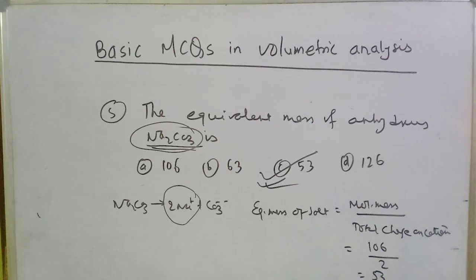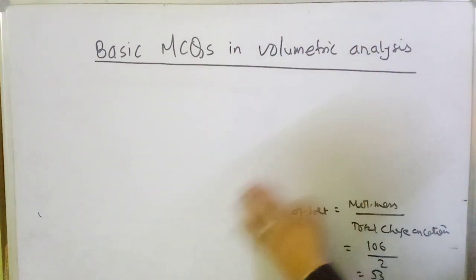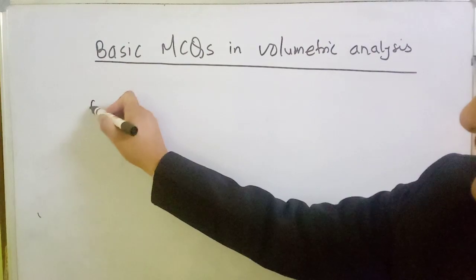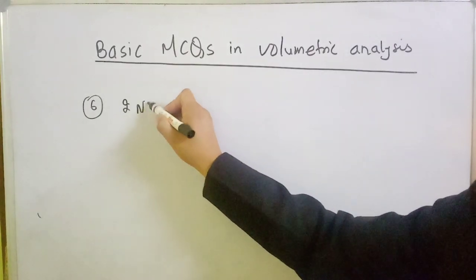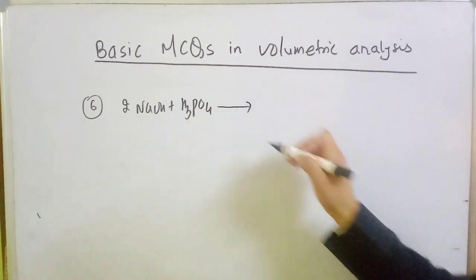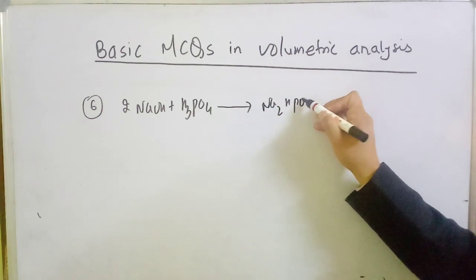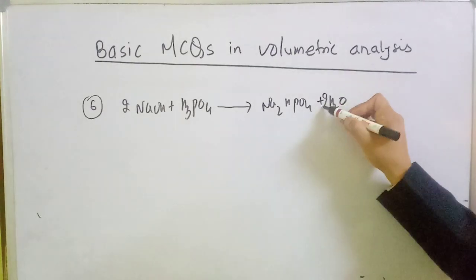Now let's go to number 6, multiple choice questions. In number 6 you are given a reaction: 2 sodium hydroxide plus phosphoric acid gives Na2HPO4 plus 2 water.